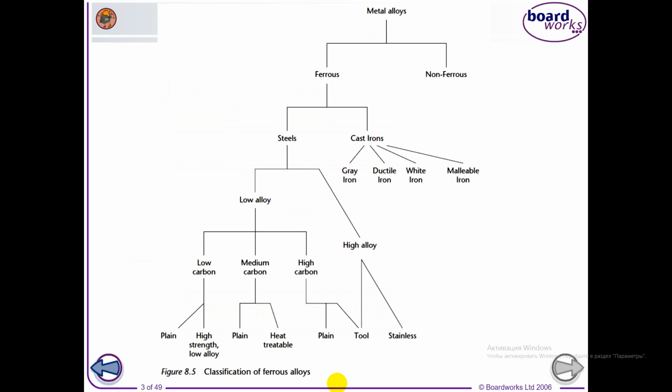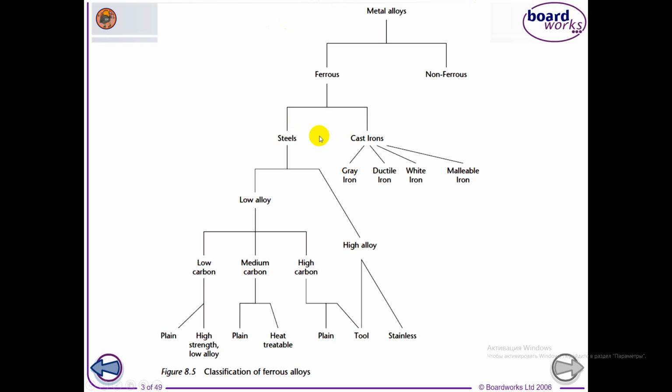As there are so many different types of ferrous metals, for simplification, these have been classified in this figure. So this is a classification of ferrous alloys. It's also vitally important to grasp the chemical difference and phases that exist in ferrous alloys, namely steels and cast iron.